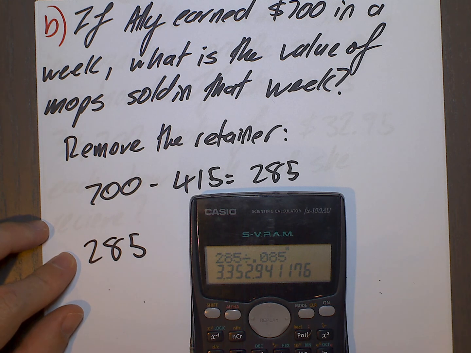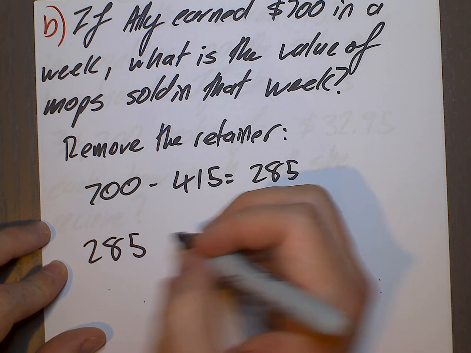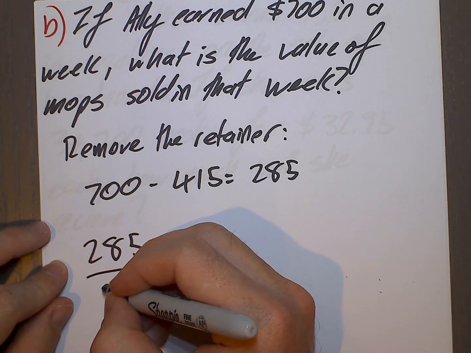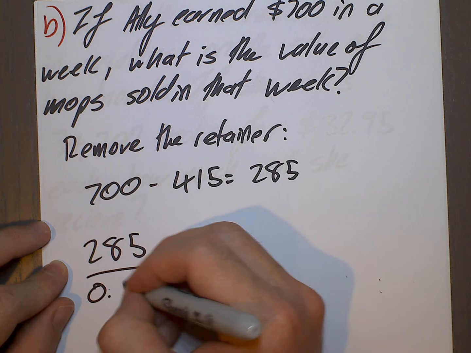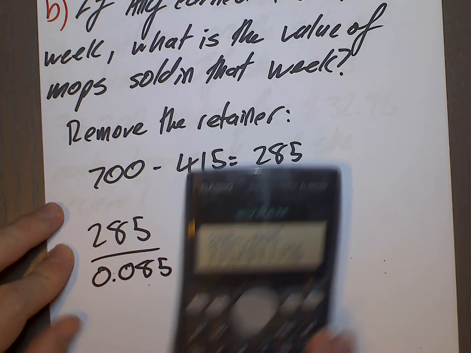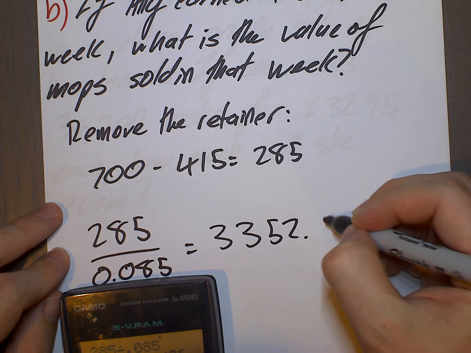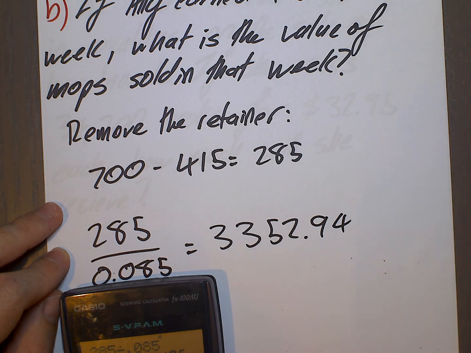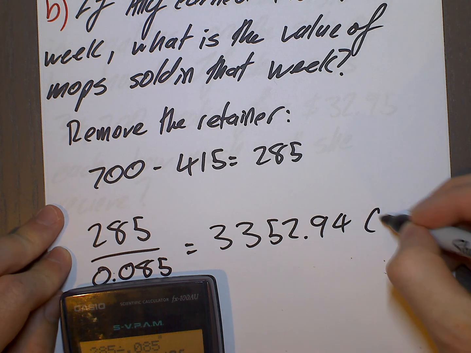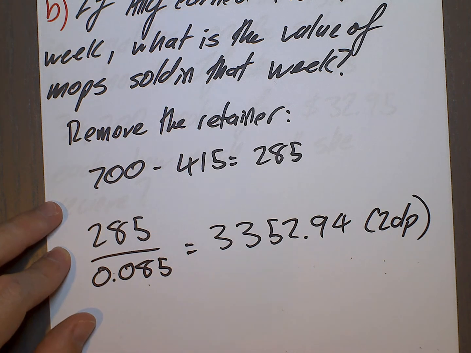So, we need to get the amount, and if we divide that by 8.5% as a decimal, 0.085, that's going to give us our amount, which is 3,352.94. Now we have to round it there to 2 dp. It's not exactly mathematically accurate, but that's okay.